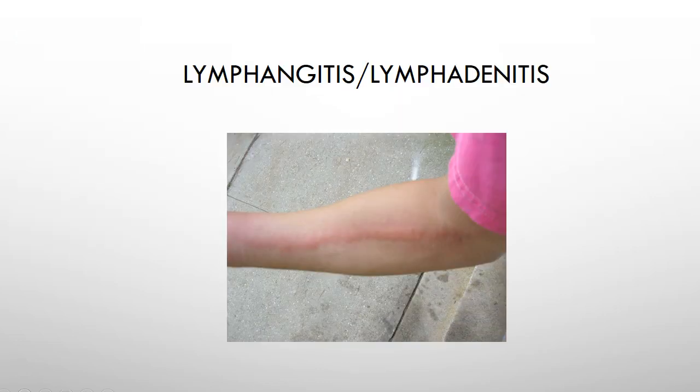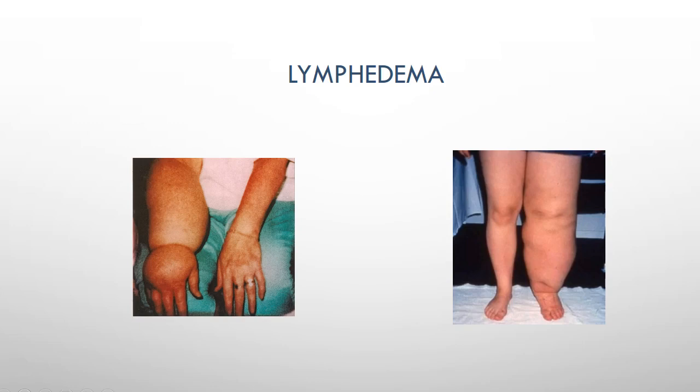This is a picture of what happens with lymphedema. It actually looks more like thrombophlebitis. This is lymphedema. With lymphedema, your lymph nodes or your lymphatic system is incapable of filtering your fluids, so you get edematous in your arms or legs.